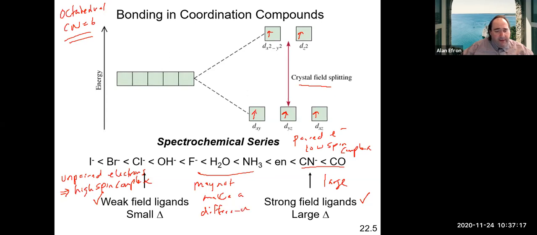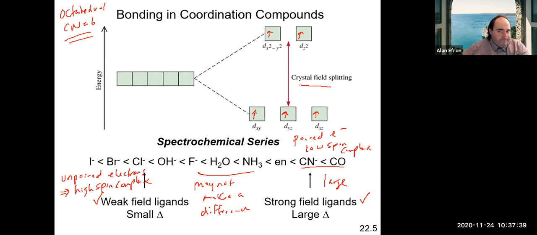So what I mean by that is, if you did it, for example, high spin, and then you did the same sort of guy for low spin, you may actually end up with the same sort of arrangement. And usually in these questions, they oftentimes will ask you, how many unpaired electrons would you expect to find?